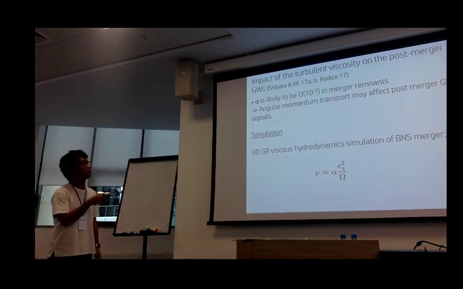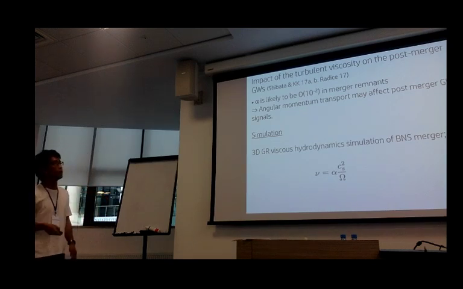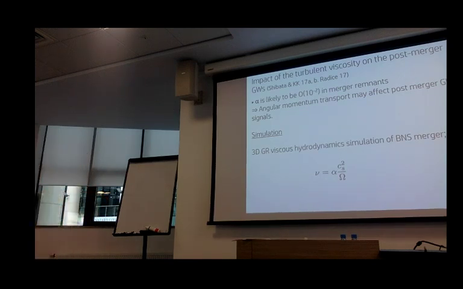But we know that the MHD simulation suggests that alpha is likely to be of order 10 to the minus 2. We put this value here. Then we perform the 3D GR viscous hydrodynamic simulation to find the star particles.